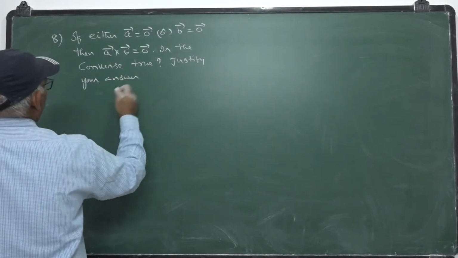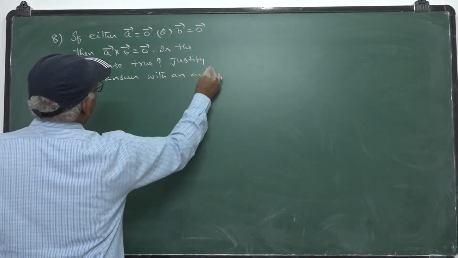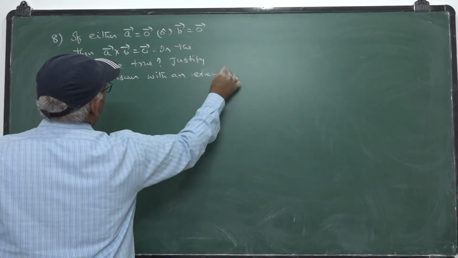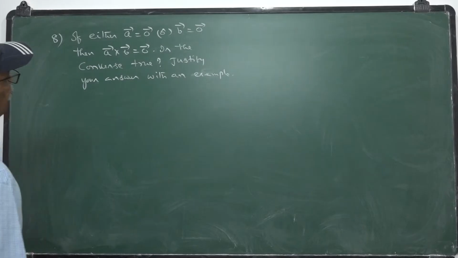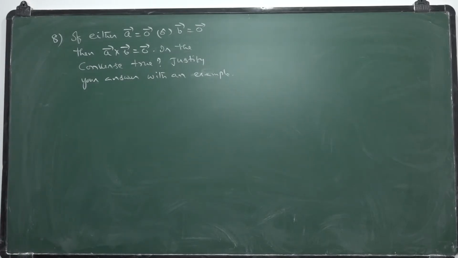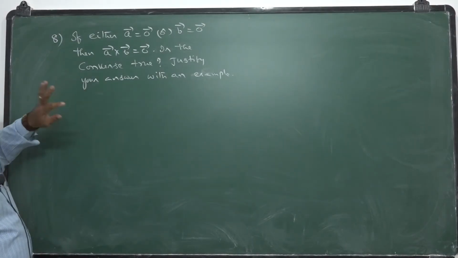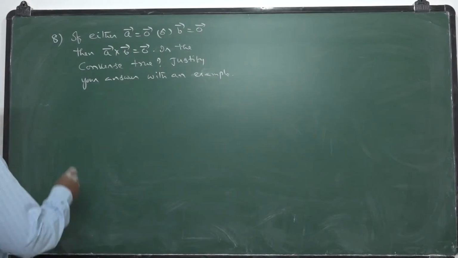Either A bar is 0 or B bar is 0, then A bar cross B bar is clearly 0. Is the converse true? Justify your answer with an example.